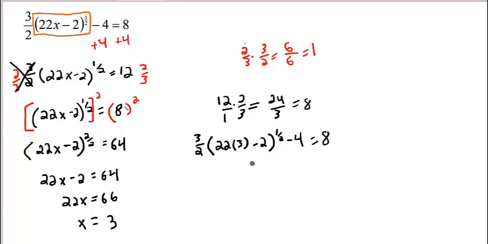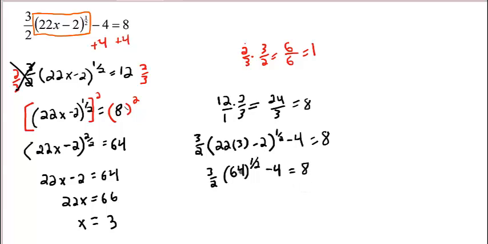So now let's do the part in parentheses first. 22 times 3 is going to be 66, and then minus 2 is 64. So 64 is going to be raised to the 1/2 power. I have a 3 over 2 in front, and then minus 4 back here, which all equals 8.